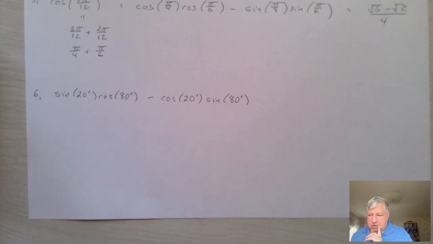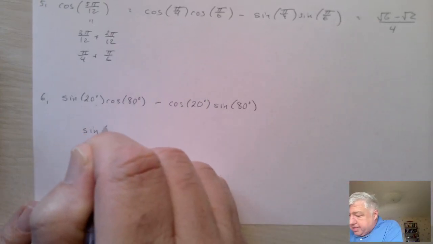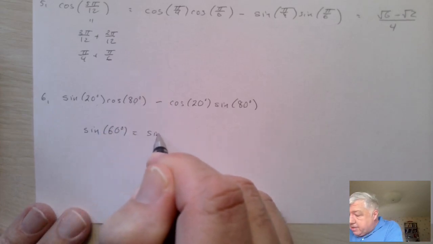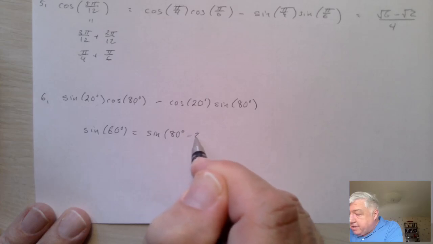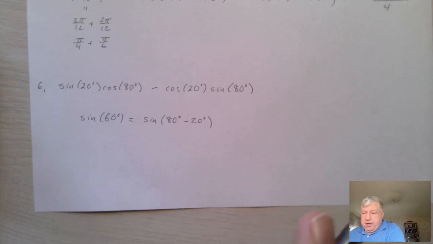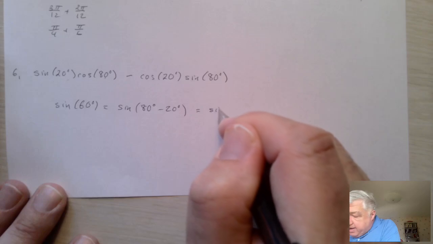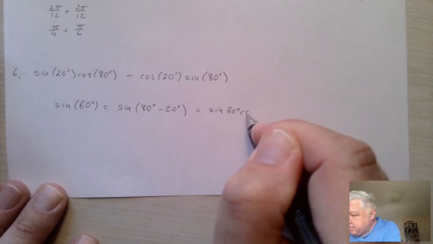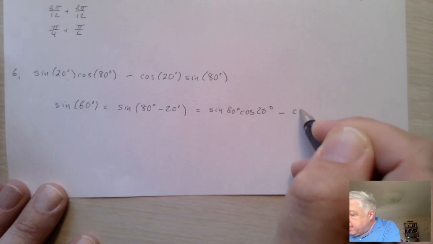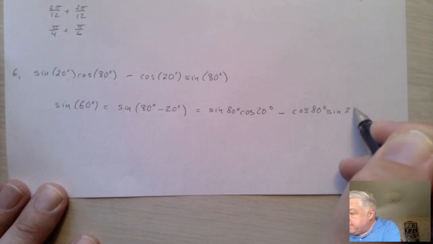If we take the sine of 60 degrees, it can be written as the sine of 80 degrees minus 20 degrees, and using our formula, this is going to be the sine of 80 times the cosine of 20 minus the cosine of 80 times the sine of 20.